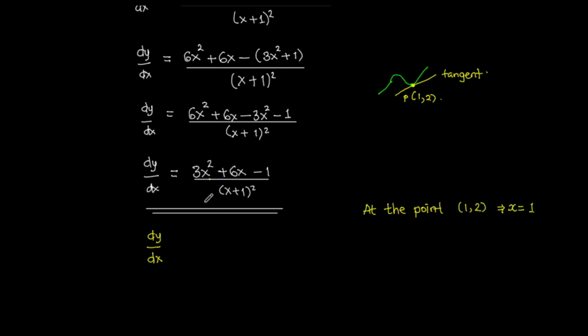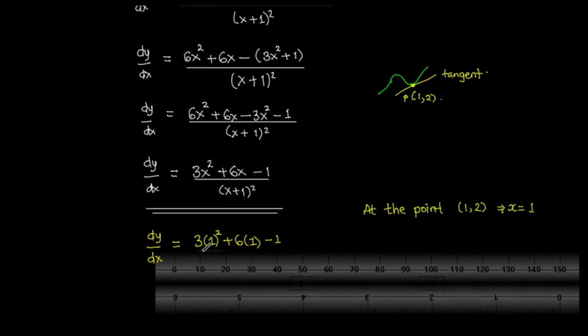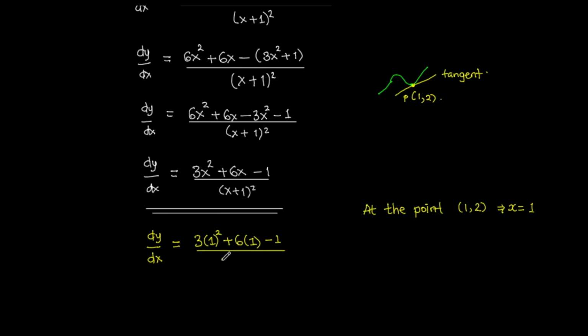So wherever we get our x, we plug in 1. Now we have 3 into 1 squared plus 6 into also 1, then minus 1. So we divide everything here by, again, in the denominator we have x, and that x is 1, plus 1, and squared.